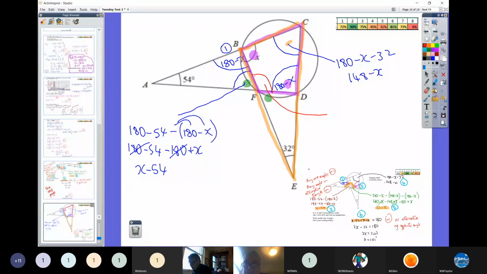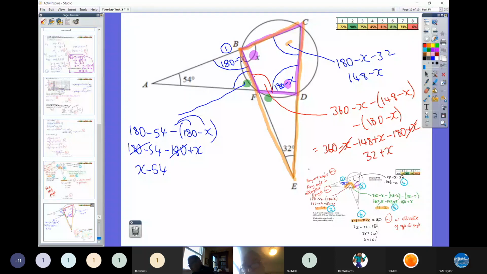So the angle I've done in red is 360 take away x, take away 148 minus x, take away 180 minus x. It's all getting quite complicated. If you process that, you get 360 minus x minus 148 add x minus 180 add x. A couple of those x's cancel out, so 360 take away 148 take away 180 gives us 32 plus x.